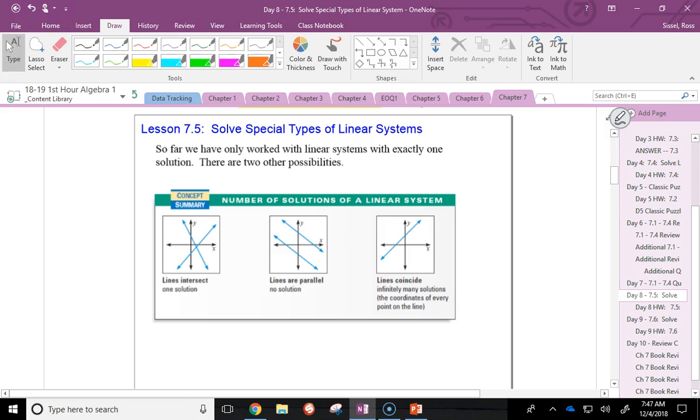So, I'm going to hand out this green part that we will put in our foldable, or our spiral. Give one to Henry when you get it.